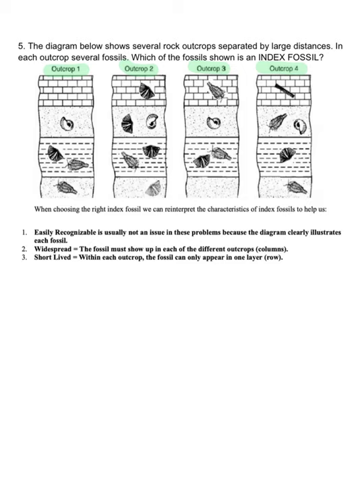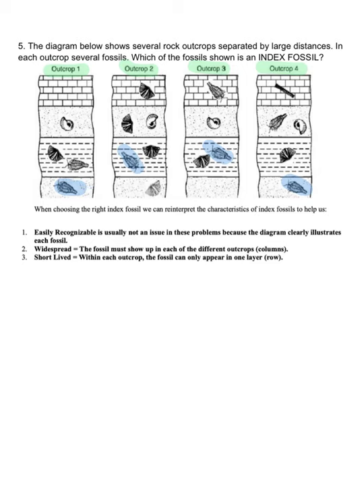Okay, so we'll just start at the bottom of outcrop 1 here. So we have this fossil right here. It's found in outcrop 1, outcrop 2, outcrop 3, and then outcrop 4. So we can check that box of being widespread.